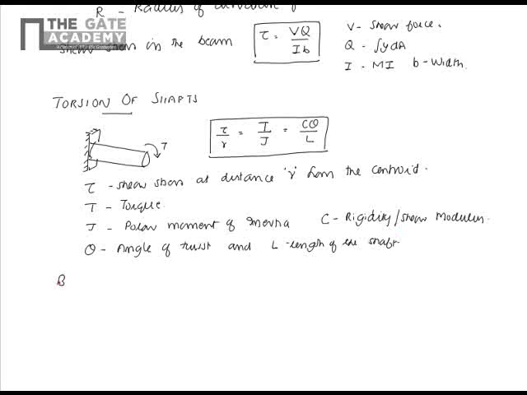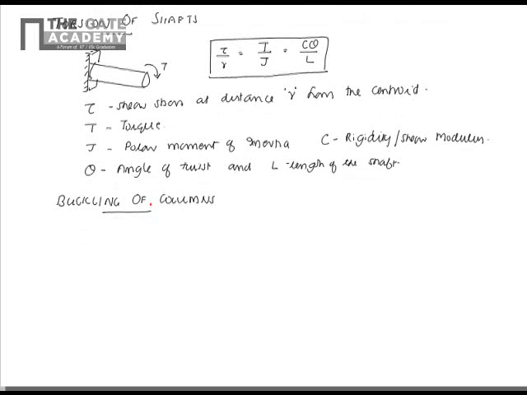Then we have buckling of columns. Columns are mechanical members with high L by D ratio and subjected to compressive load, like this.